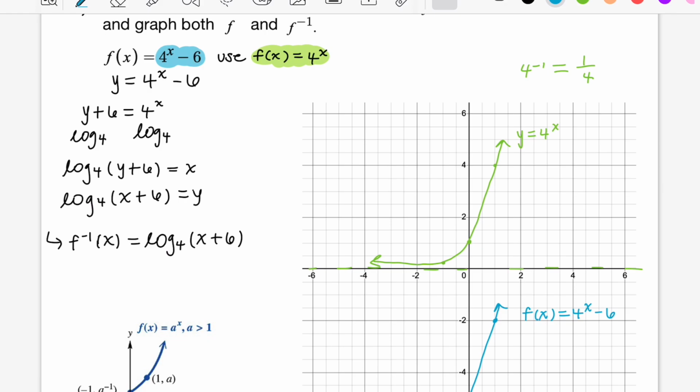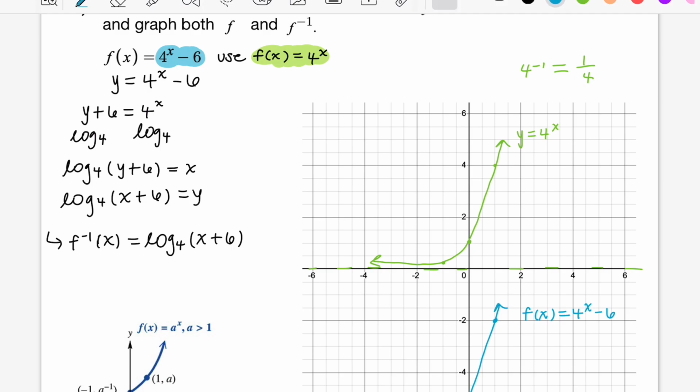All right, now we know we want to graph the inverse of our function 4 to the x minus 6, and we saw that that was this log function here. Now, before we introduce any log functions of certain forms, we know that the inverse function is just our x and y values swapped, right?